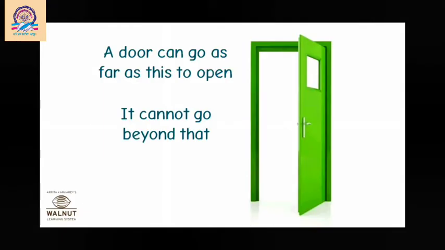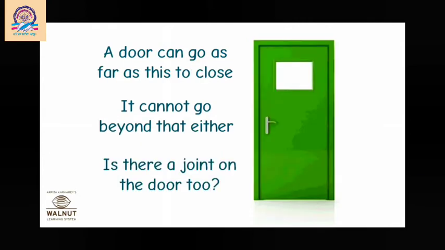A door can go as far as this to open and it cannot go beyond that. You have observed that when you open the door, it can open up to a certain limit, isn't it? Similarly, a door can go as far as this to close. We can close it up to a particular limit and it cannot go beyond that either.